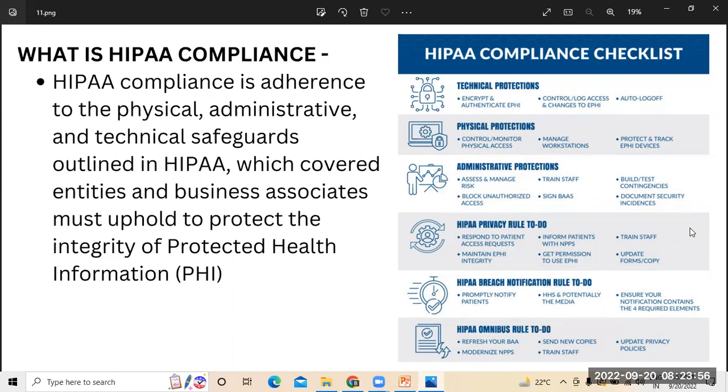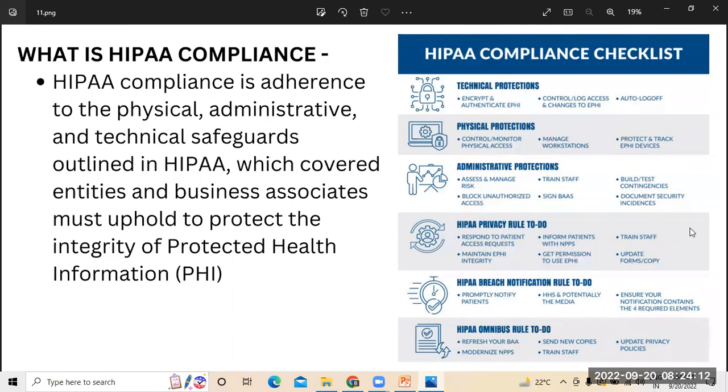At the same time, how to train staff to use these applications. All these things come under the HIPAA omnibus rules.